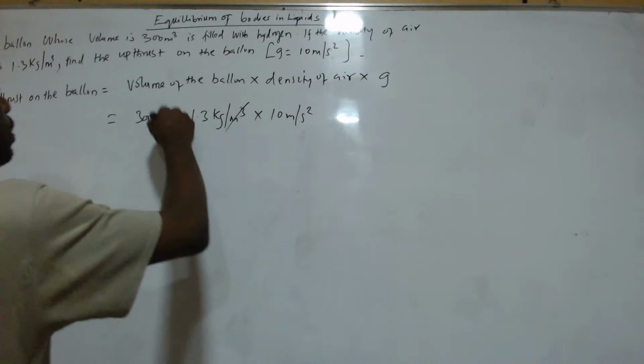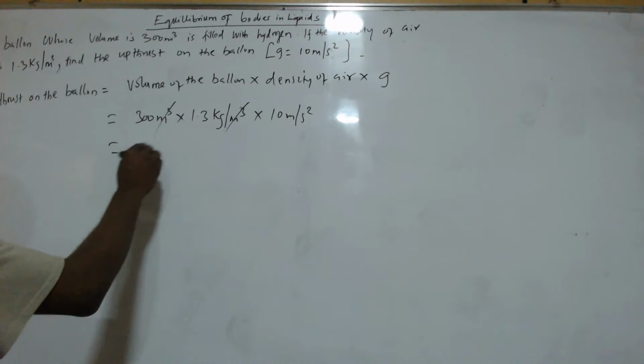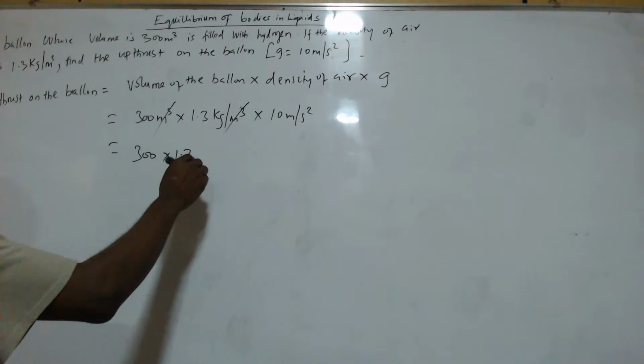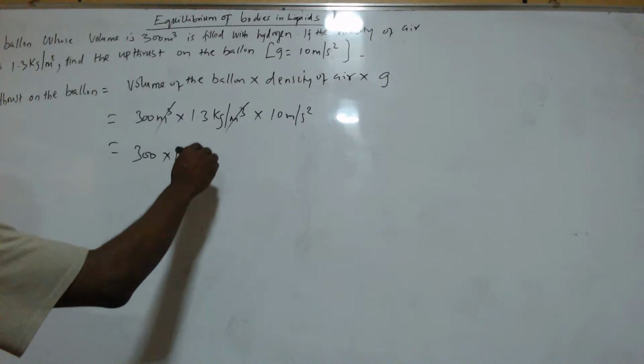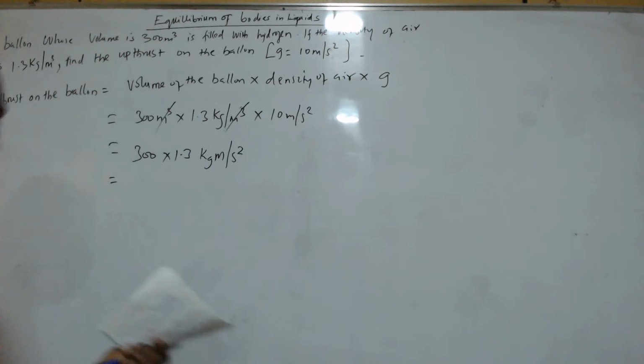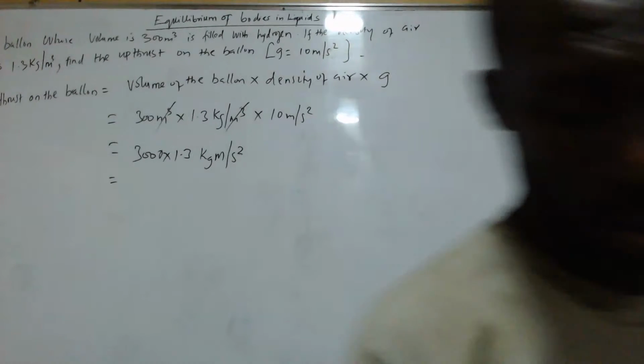So this and this will go. So we have 300 times 1.3 times 10, kilogram meter per second square. So this will give us the upthrust on the balloon.